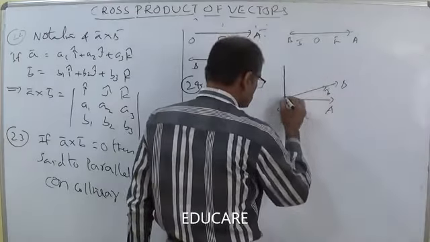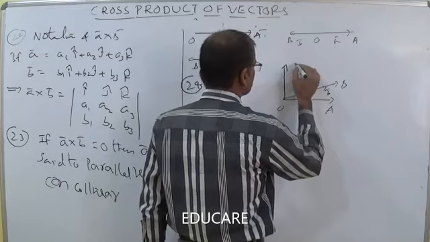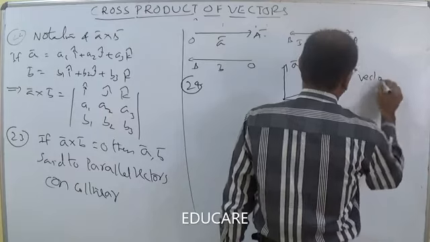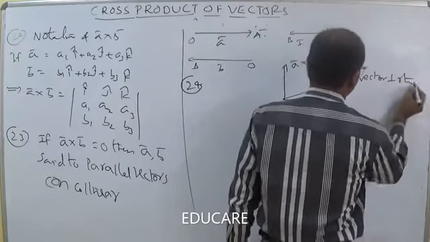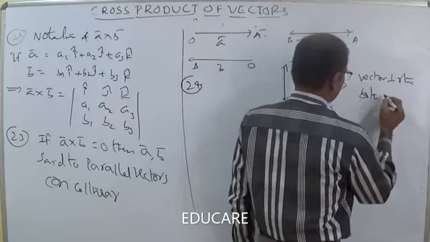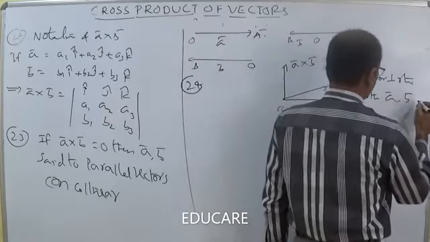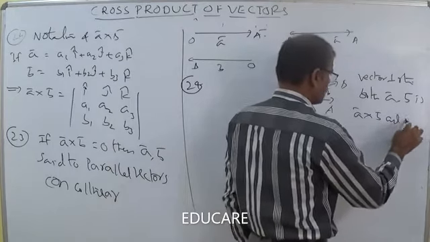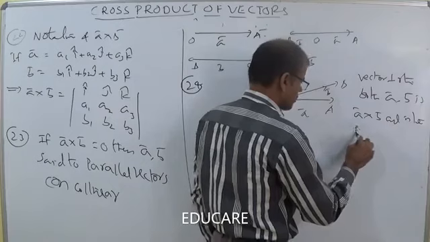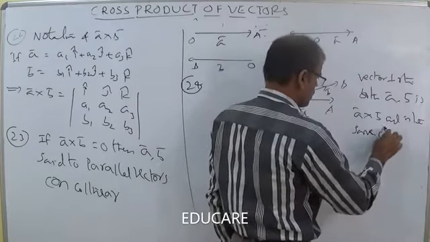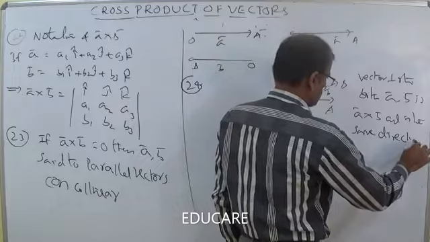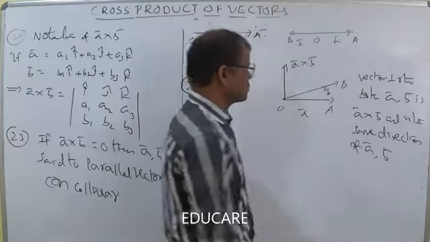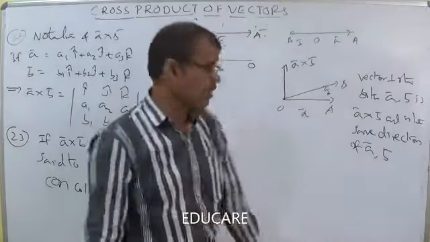The vector which is perpendicular to both A bar and B bar is A bar cross B bar, in the same direction of A bar and B bar. The vector A cross B is perpendicular to both A bar and B bar.